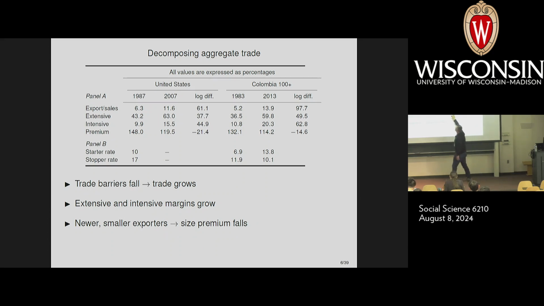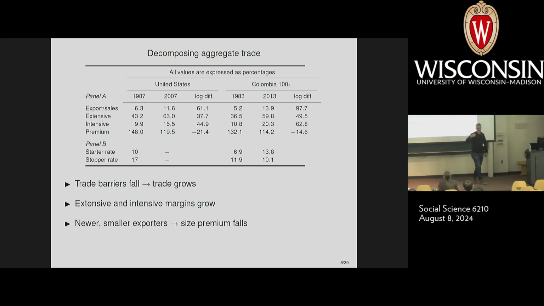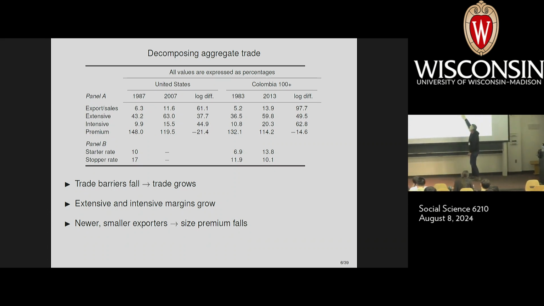At the bottom here, for some of the pieces of this data, I can compute the starter and stopper rates. By starter rate, I mean the number of firms who started exporting today divided by the number of firms that were not exporting yesterday. So in Colombia, something like 7%, goes up to 14%.